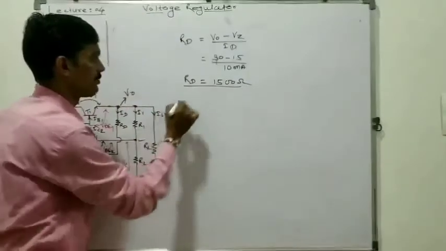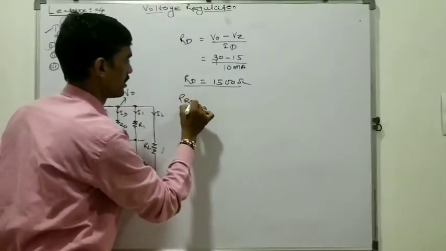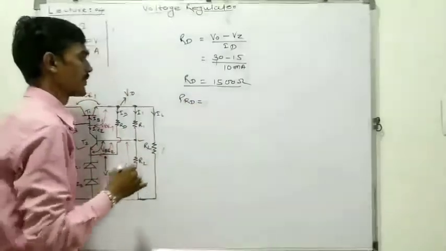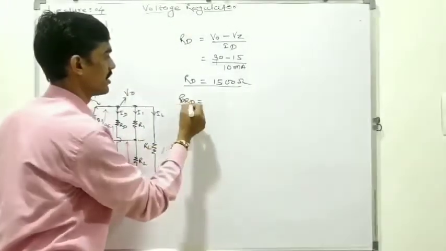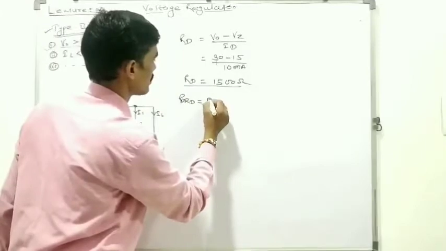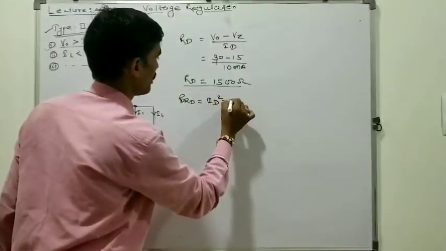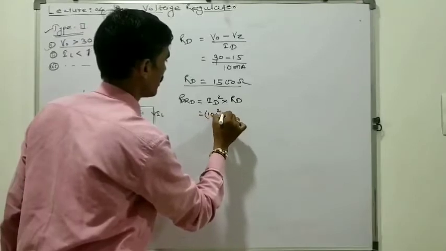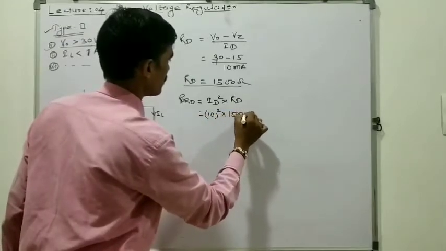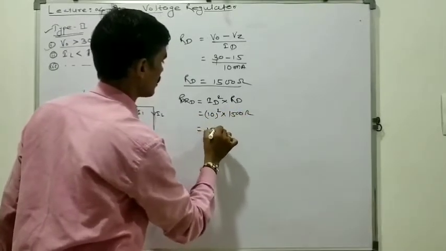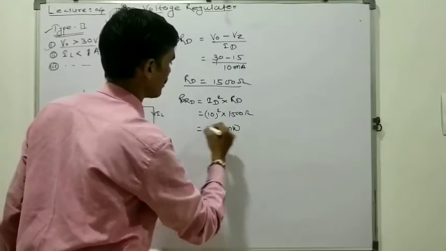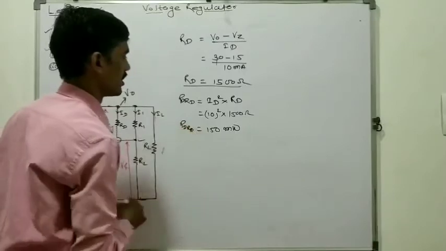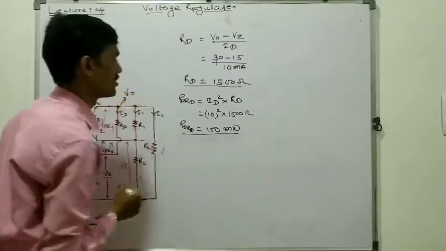Again we have to calculate the power dissipation across the RD. PD RD, that is power dissipation across the RD. So it is ID square into RD. So 10 milliampere square multiplied by 1500 ohm. So it is 150 milliwatt. So this is the power dissipation across the RD.